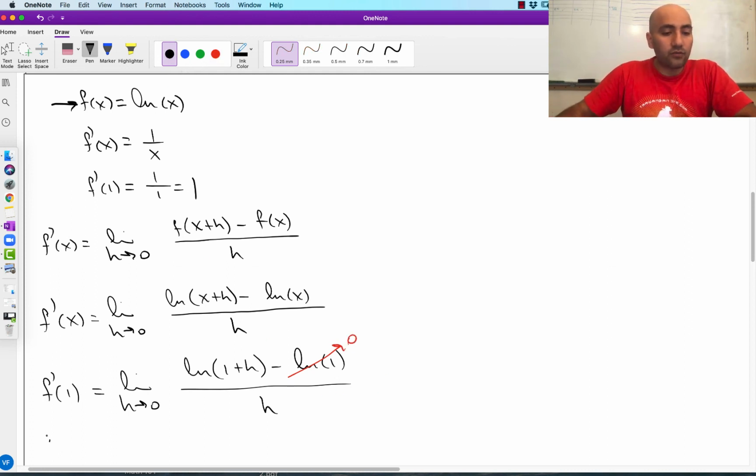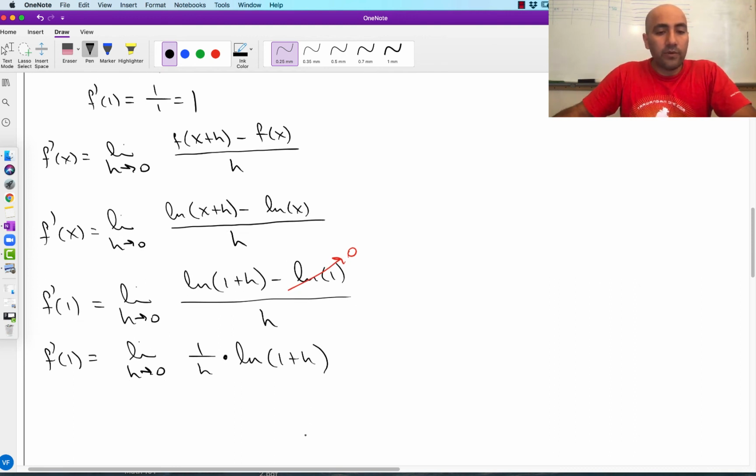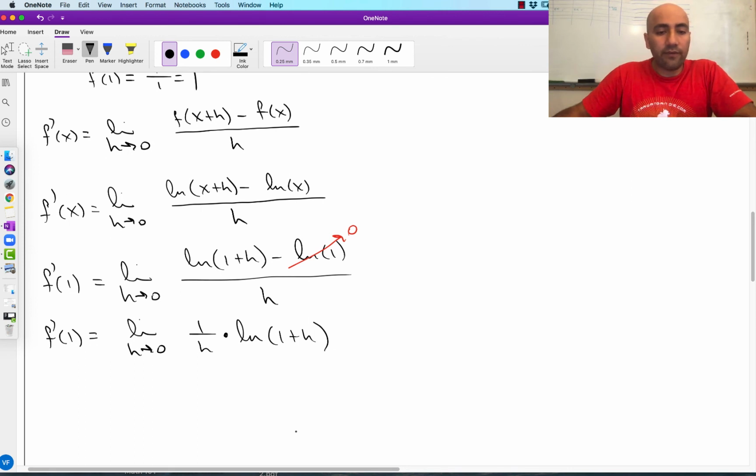So f prime of 1 is going to be equal to the limit as h approaches 0 of the division of these two. I'm just going to move it in front and say it's 1 over h times ln of 1 plus h. Good.